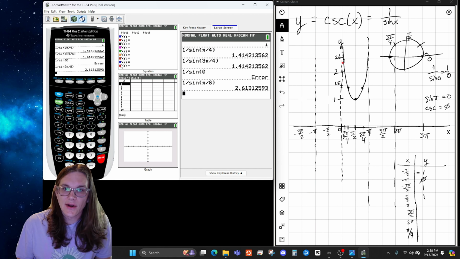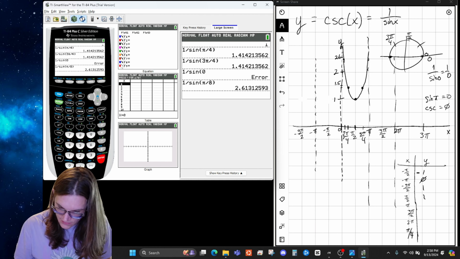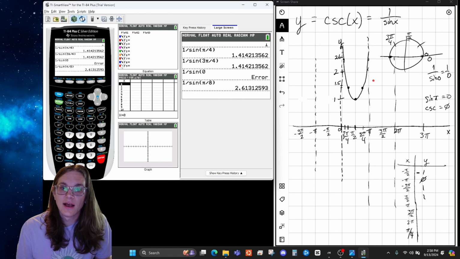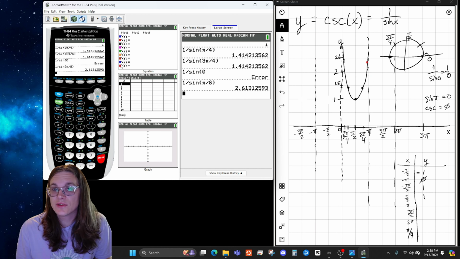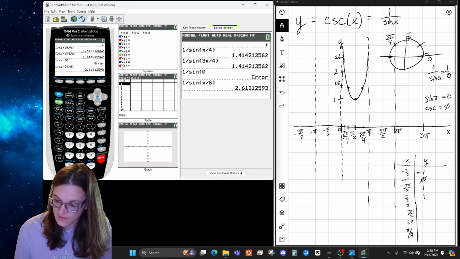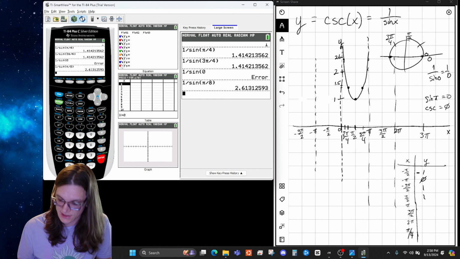So remember, here, the graph does not touch 0. Does not touch x equals 0. Here, the graph does not touch x equals pi. The graph continues to get closer to this line and does that all the way up to infinity, never reaching it.